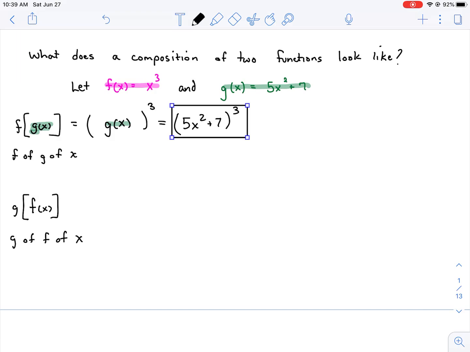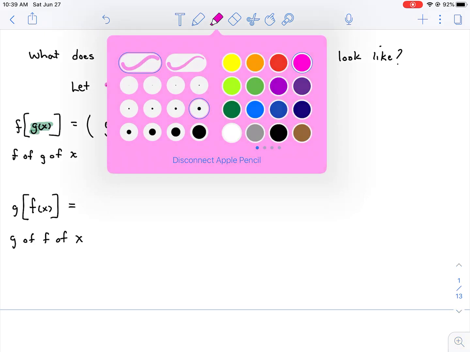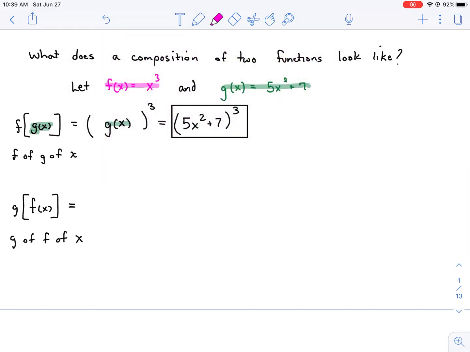Well, what happens if we go in reverse? What happens if we do g of f of x? So in the function g, I'm going to substitute f of x for every x in the function. So that would look like this. And what is f of x equal to?